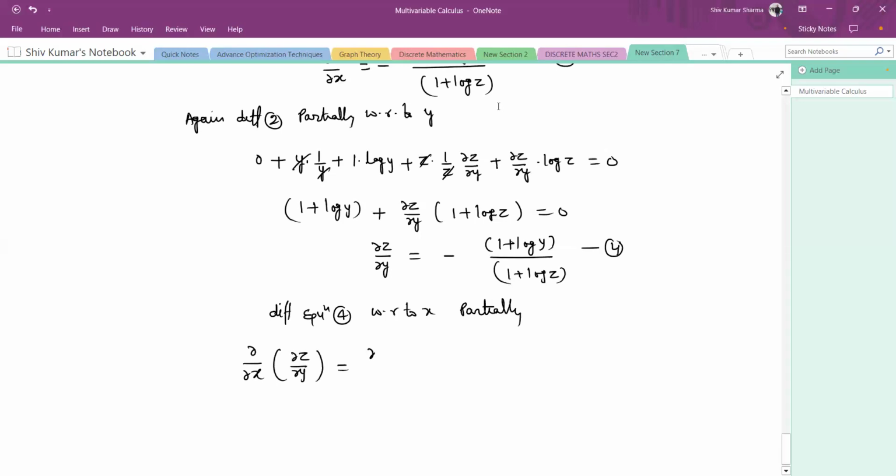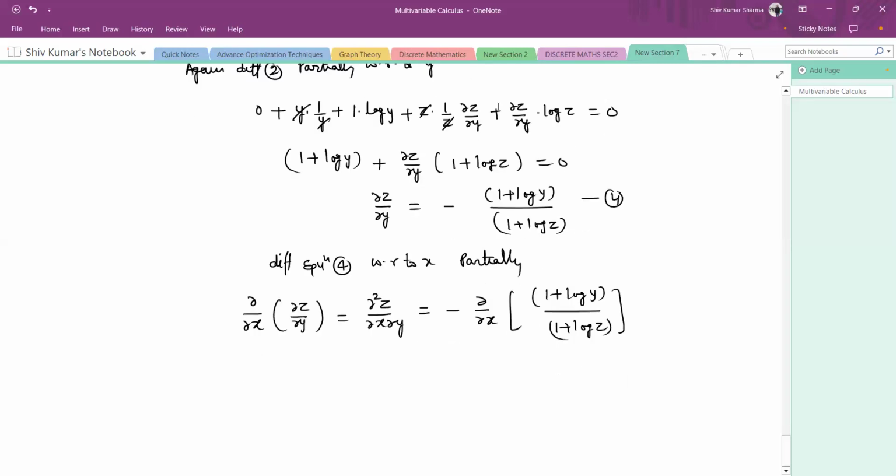So this can be written as del square z upon del x into del y is equal to, okay, this negative sign we take outside, and we have to differentiate partially with respect to x del upon del x into 1 plus log y upon 1 plus log z.